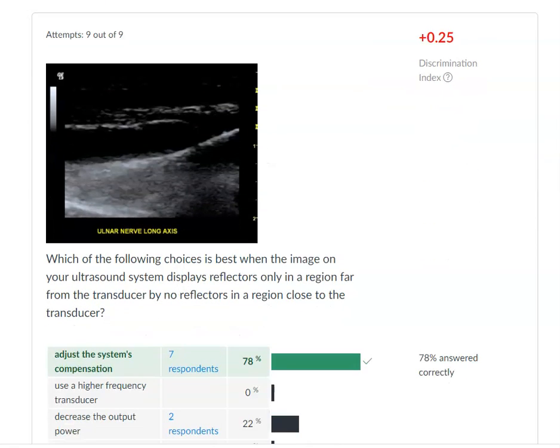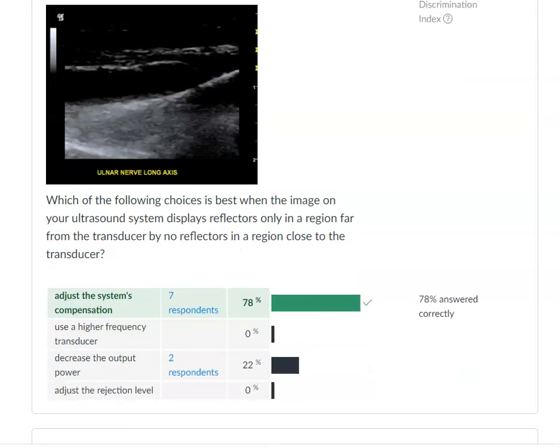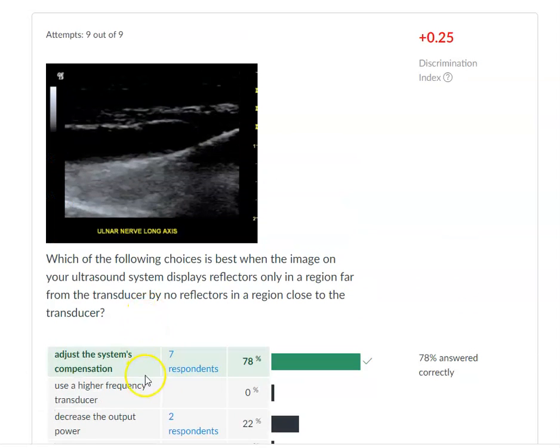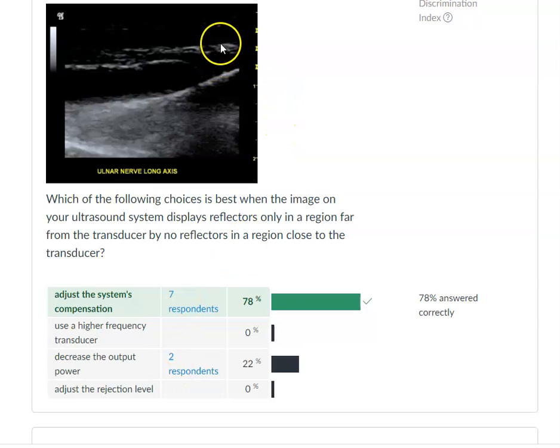Which of the following is the best choice on the image when your system displays reflectors only in a region far from the transducer with nothing in the close region? Well, that's not too high a frequency. That has to be the bad compensation. If you use a higher frequency, you just wouldn't see the echoes in the far field.